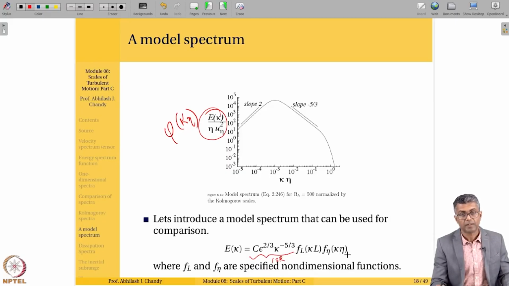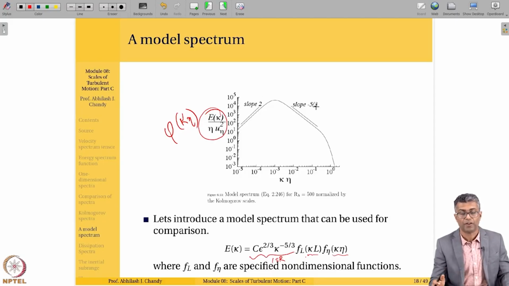FL and F eta are non-dimensional functions because, as you can see, this depends on kappa L and kappa eta. L has units of length and eta also has units of length. Kappa has units of 1 over length. So these will be non-dimensional functions. And the C epsilon to the 2/3 kappa to the minus 5/3 corresponds to the inertial subrange. So a function like this will give me a curve as shown in this figure.